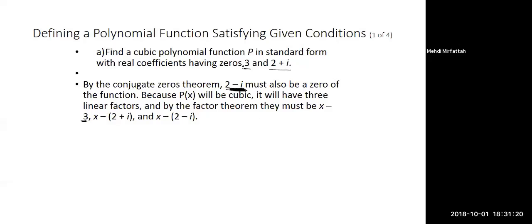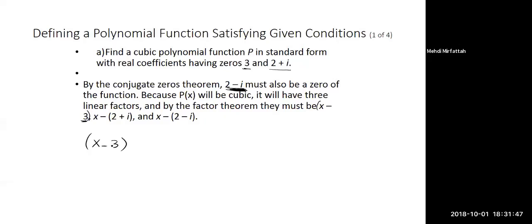So if 3 is a zero, a factor of that would be what then? That would be x minus 3 must be one factor of that polynomial, right? If 3 is one of my zeros, then x minus 3 must be one of my factors, right? Because if I solve x minus 3 equals 0, what do I get? x equal to 3.